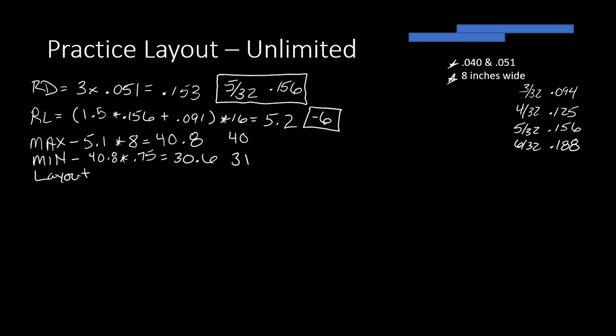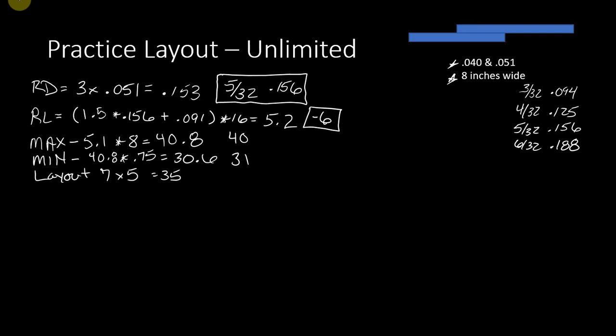So 31 is about as low as I could go. So I can choose a layout anywhere in between. Let's do 5 by 7. That gets me 35 rivets. It's nice and even, it's in between. We'll see how it works out.